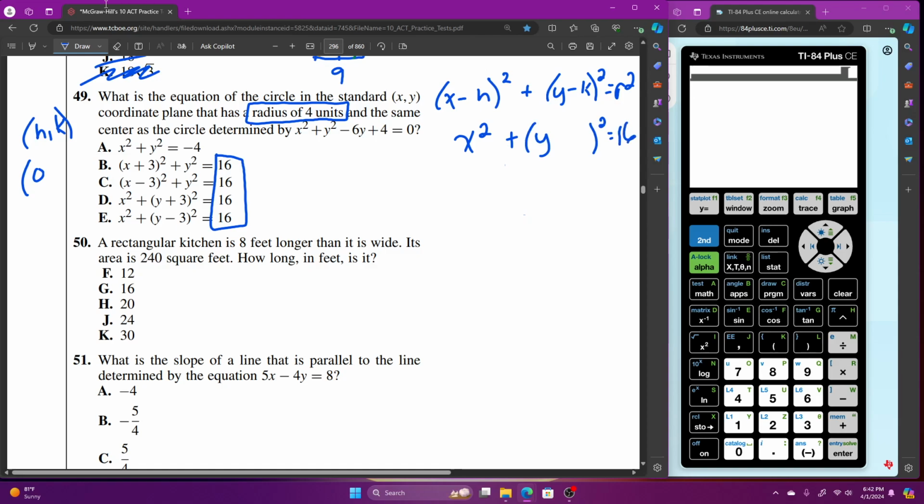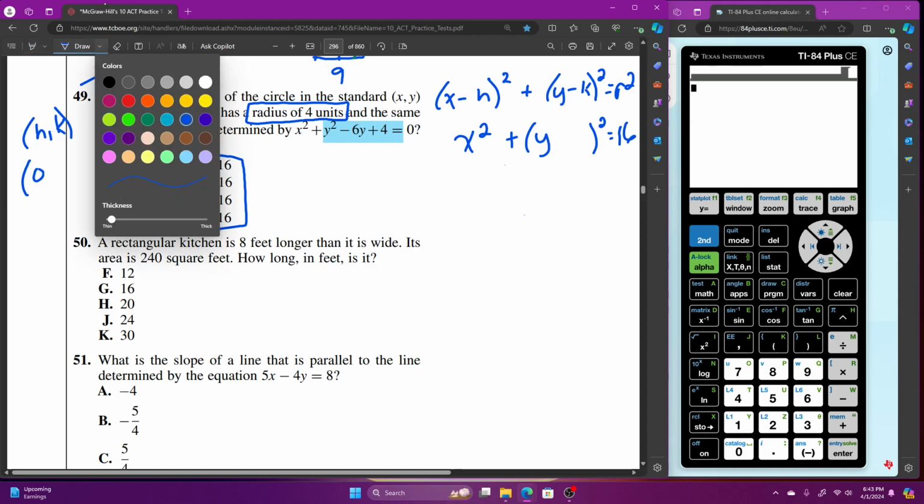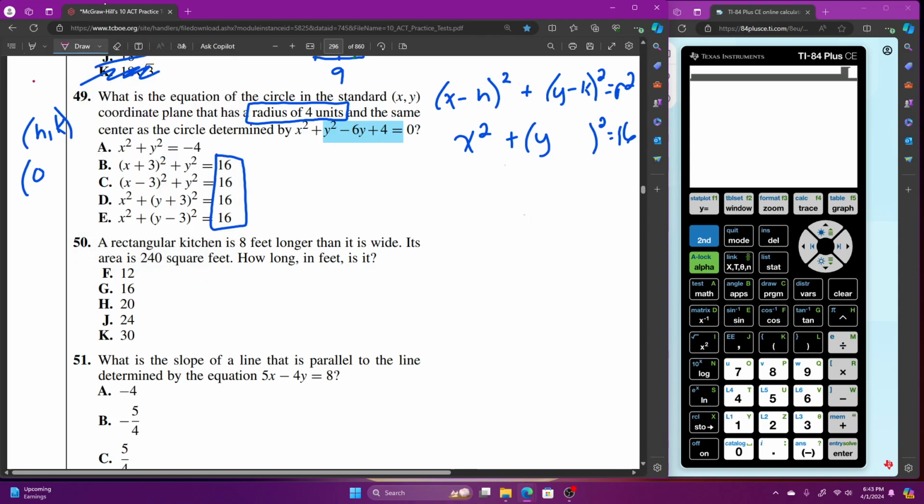So I need to focus in on this section right here and factor it to a binomial times itself. So actually, I'll do an area model. It's kind of my go-to here. I know y times y will give me my y squared.